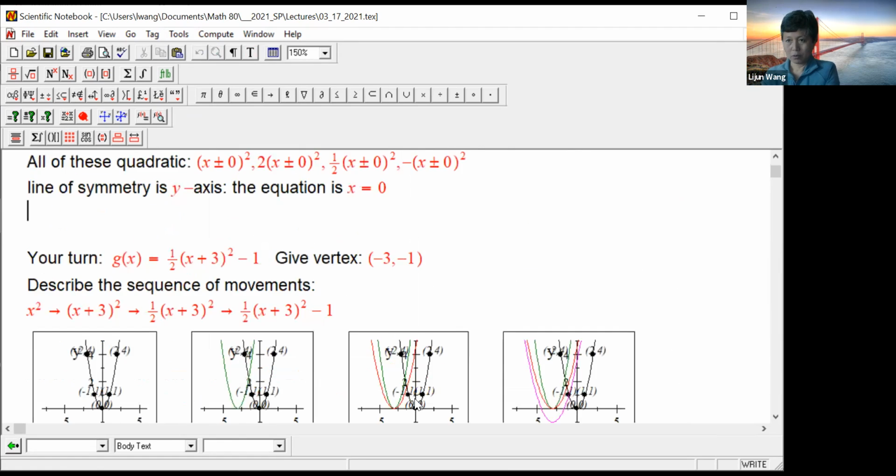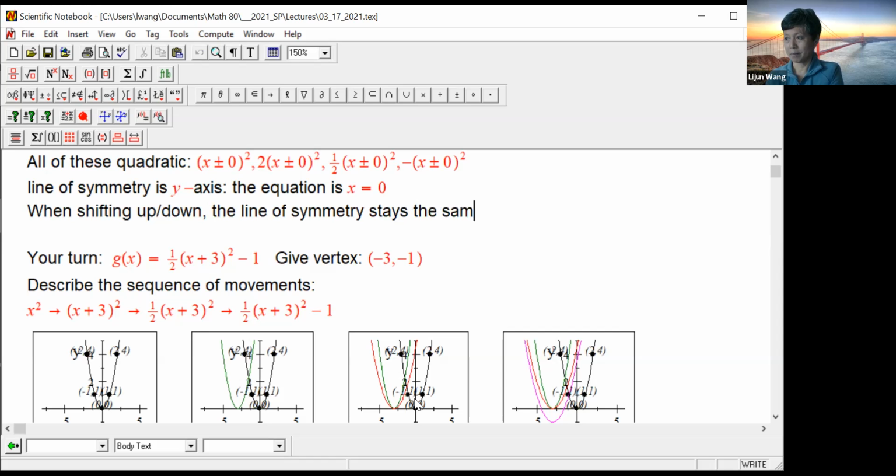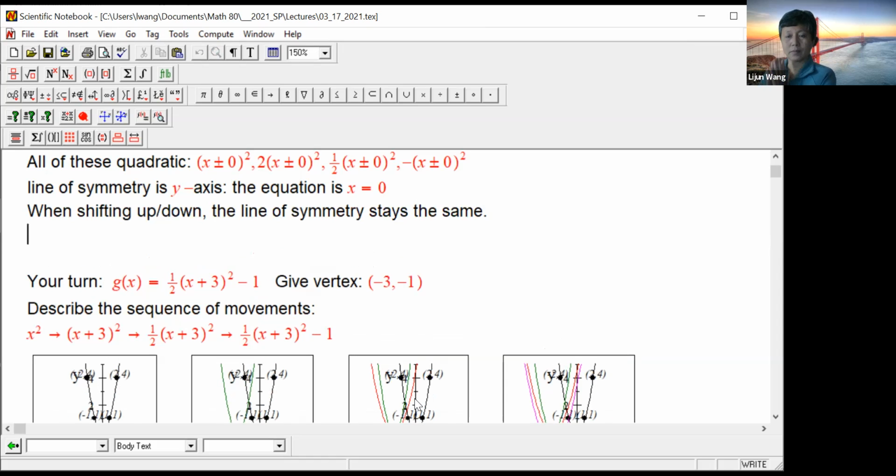Do you agree with me? When shifting up or down, the line of symmetry stays the same. I assume you do.